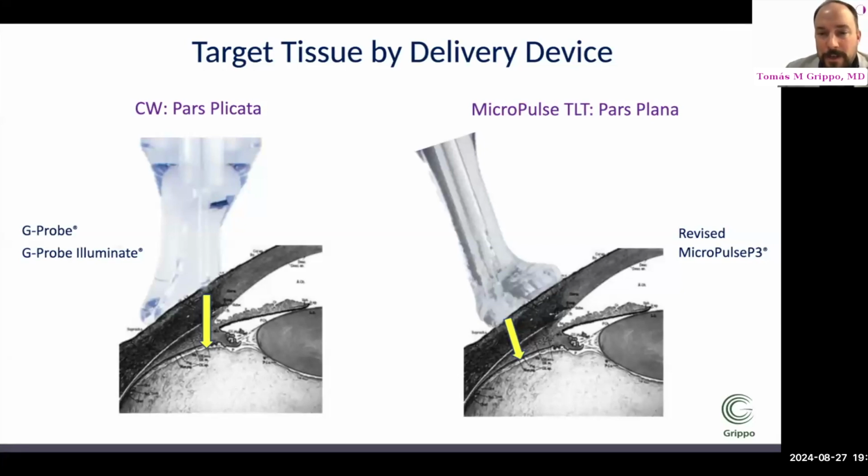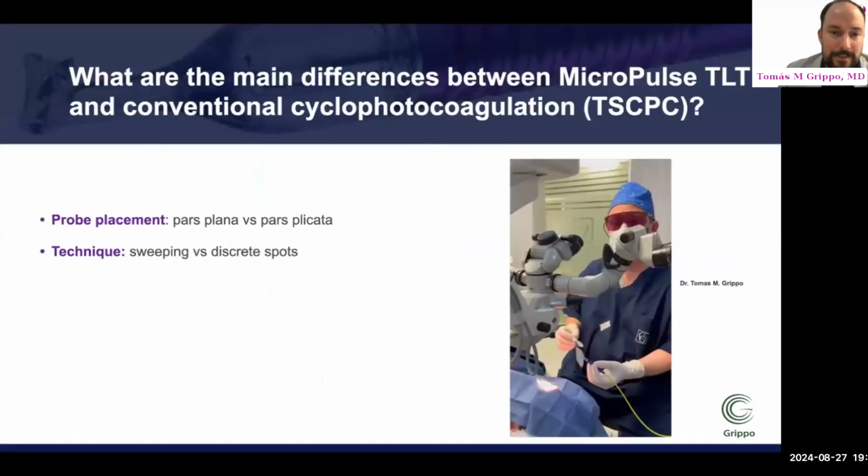When we look at the right side, that's a MicroPulse P3 probe, and we can see that the laser is aimed more towards the pars plana. So that's the first big difference between both techniques.